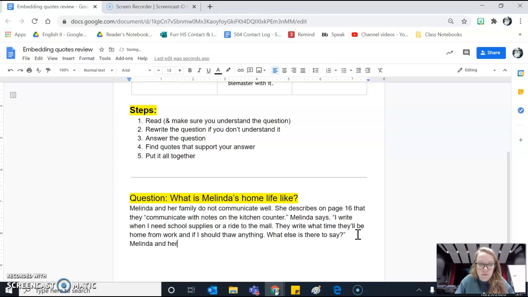I'm going to say this quote shows that Melinda and her family do not communicate in person and do the majority of their talking via notes on the kitchen counter.